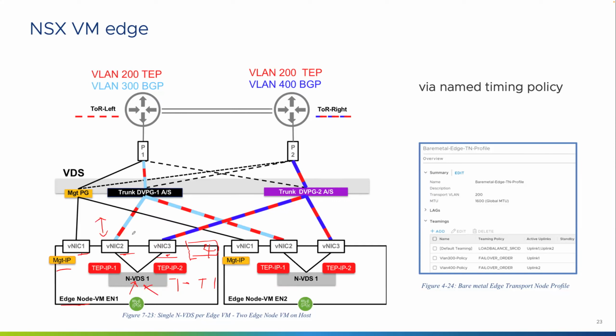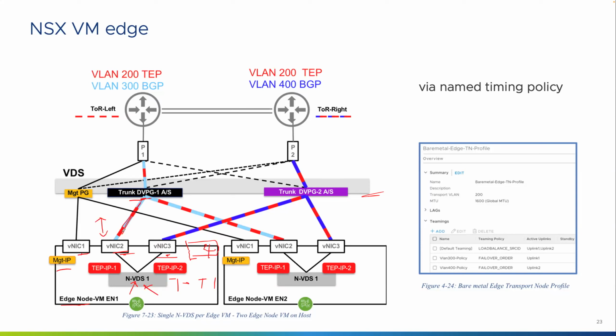Going upwards a little bit, we have the correlation of the trunk port group and the VNIC. Here's a relationship or connection between the uplink VDS port group and fixed VNIC 2 of the edge node. We can create and manipulate this connection.